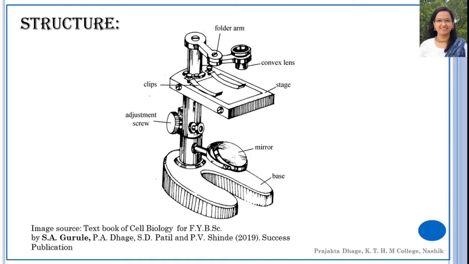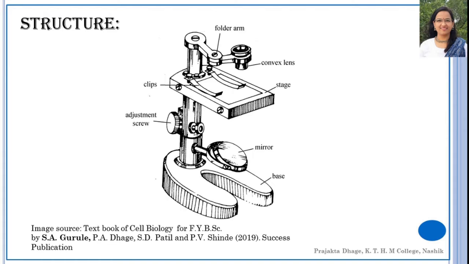Now the stage. Stage of a dissecting microscope is simple and made up of glass gripped laterally by metal plates. The stage is provided with two clips to fix or hold the slide firmly in position. Now about the mechanical part.